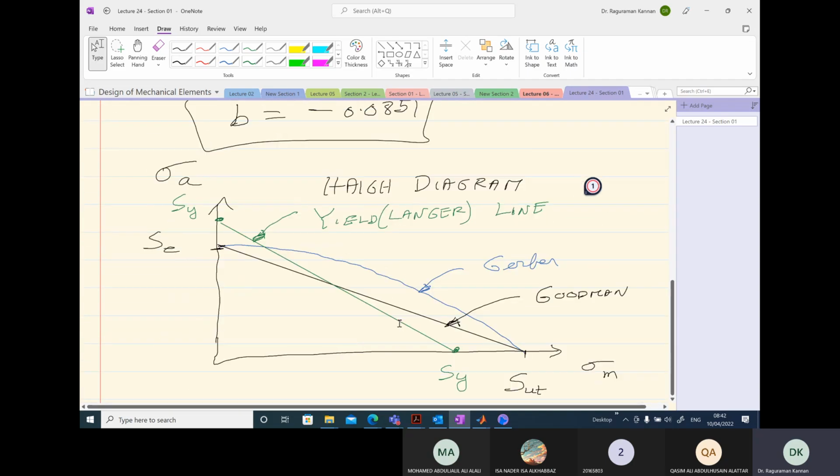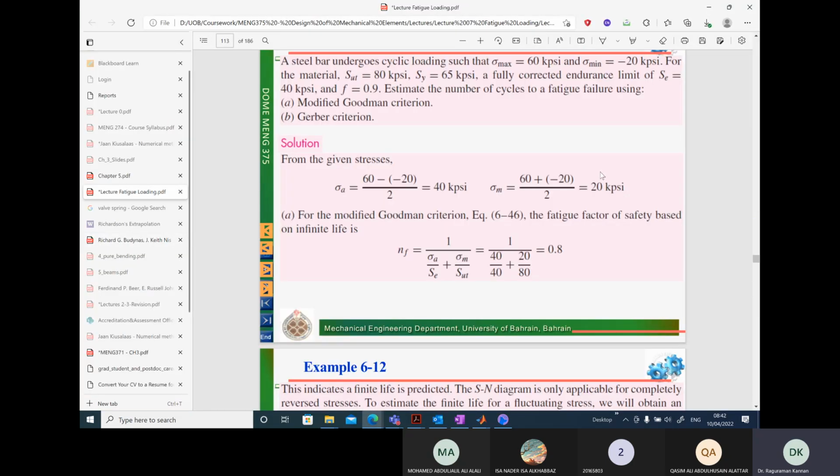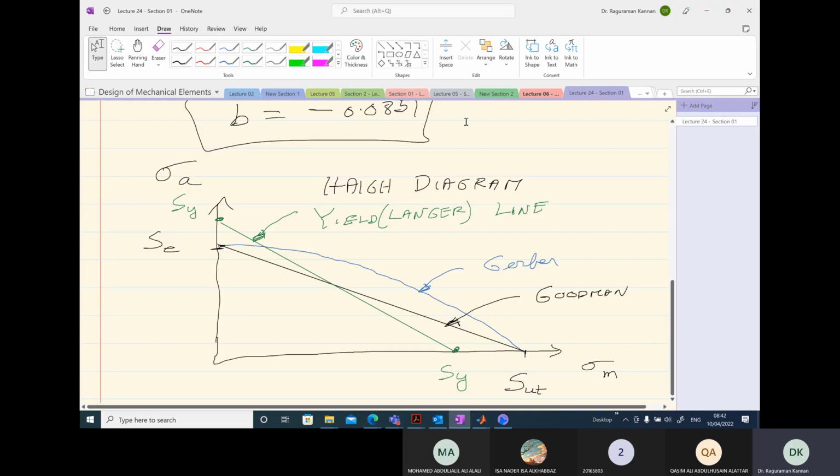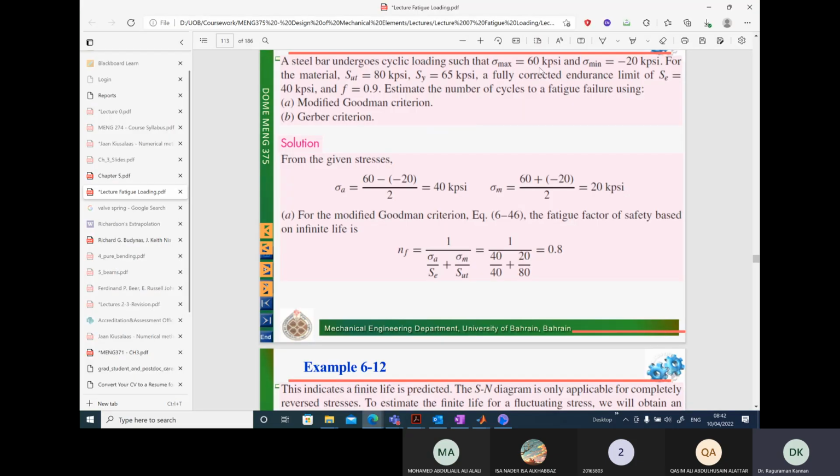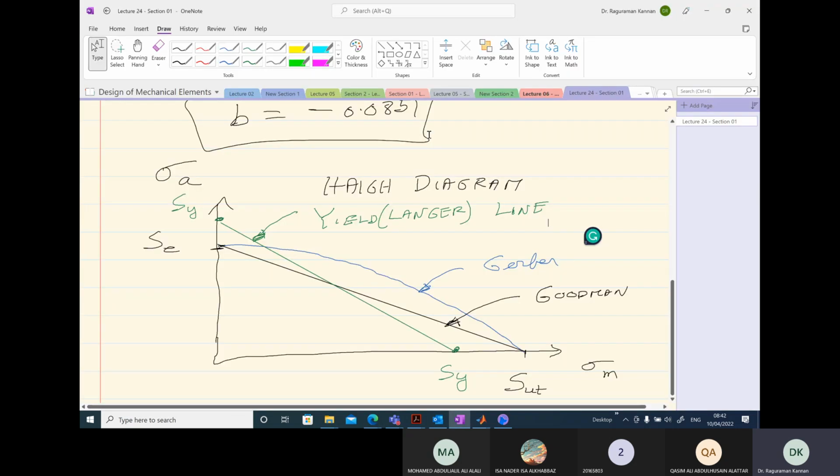Let's also write down all these yield point values. The yield point is given as 65 kpsi and S_UT is 80 kpsi.